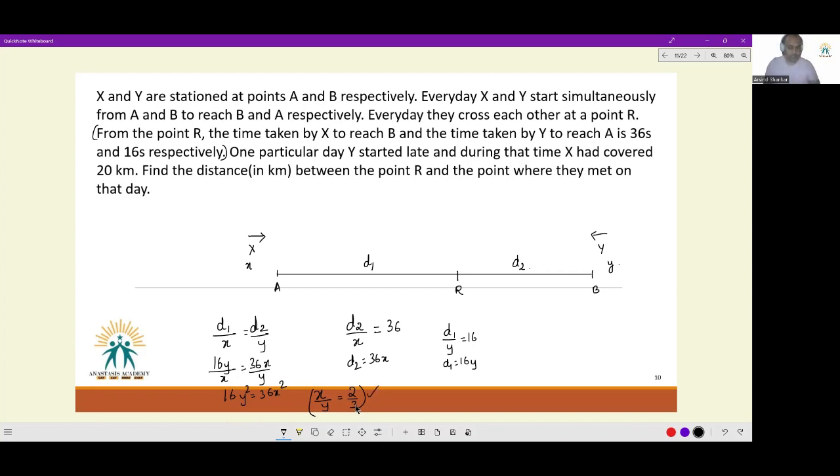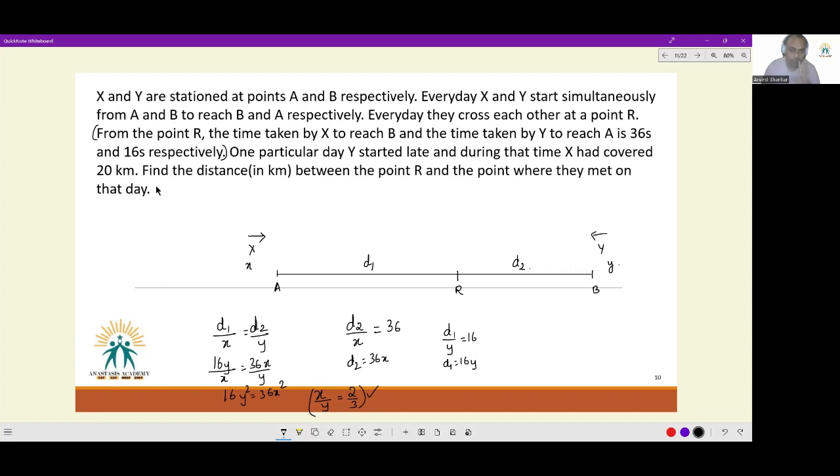Now see, while I've done it in this more expanded form right now, the insight that you should be aware of is, if they start at the same time, from the meeting point, the ratio of times taken to arrive at the origins of the other person is the inverse of squares of the ratio of their speeds. So if it took 36 seconds and 16 seconds, simply square root of this is 6, square root of this is 4, or the ratio is 3:2.